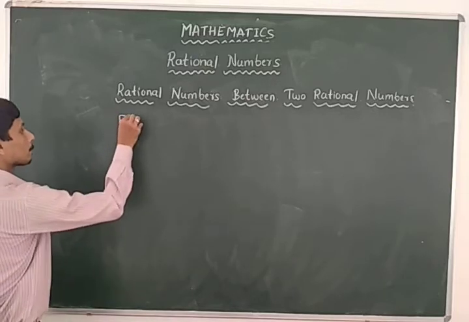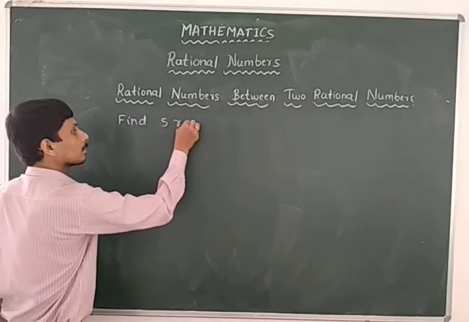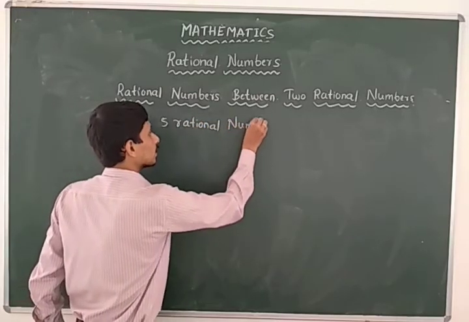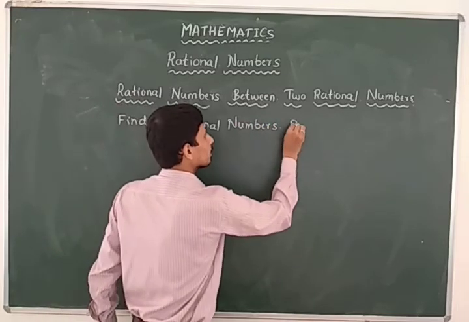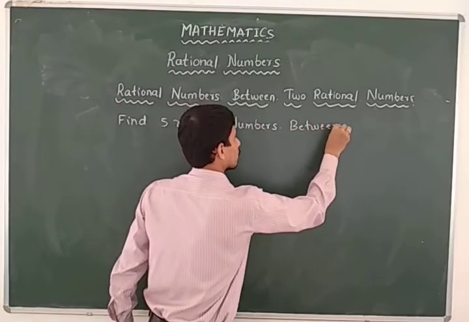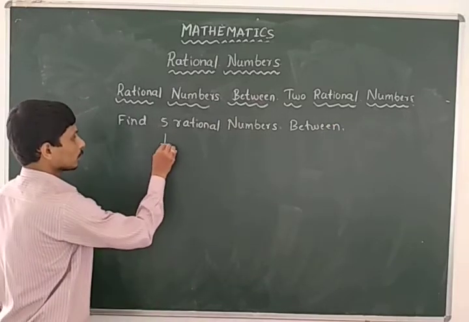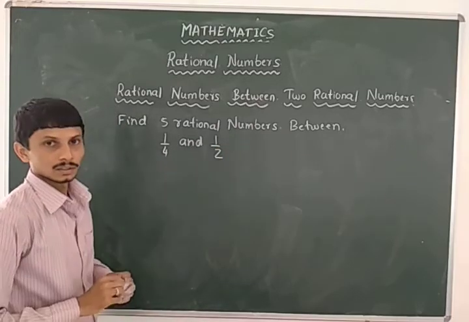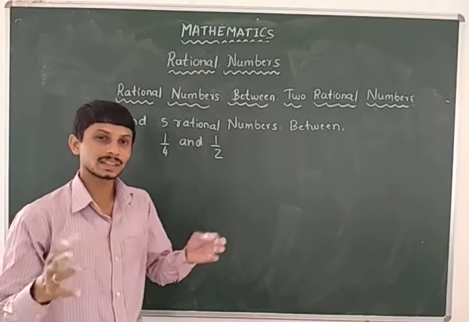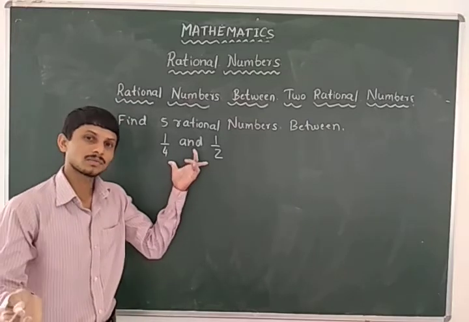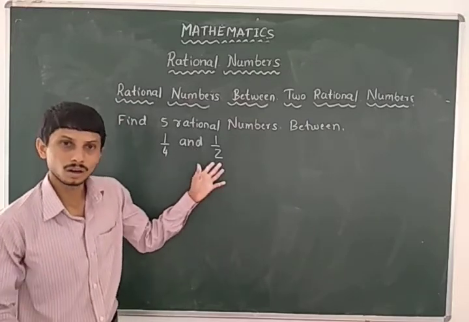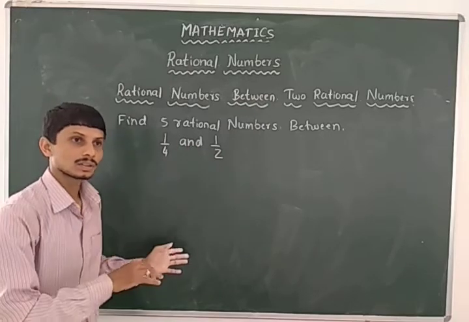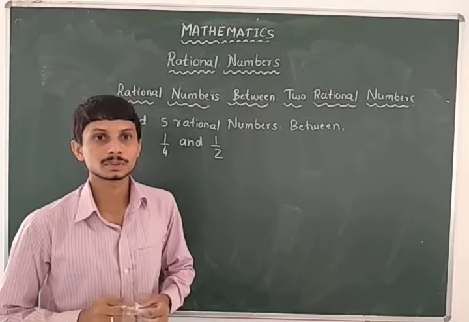Find 5 rational numbers between 1 by 4 and 1 by 2. Just do this homework by taking any method, whether you consider the denominators 4 and 2, or add 1 by 4 and 1 by 2 and divide by 2. Then proceed further with the procedures.